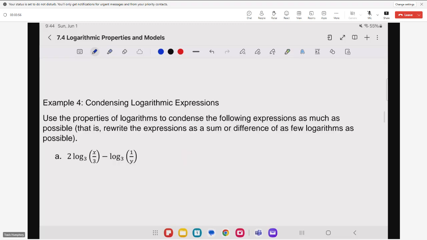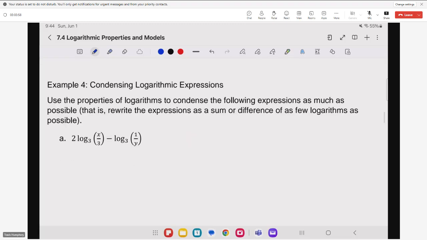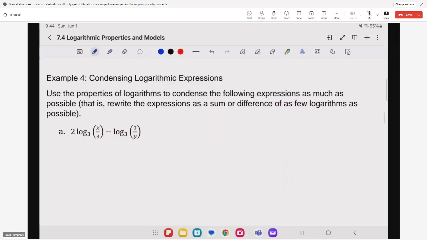Alright, now let's go the other direction. Let's condense logarithms. So we want to condense this as much as possible, and I do see that I have a power rule. So this 2 is going to go up into the power. And then I have the difference of logs, so that's a quotient.